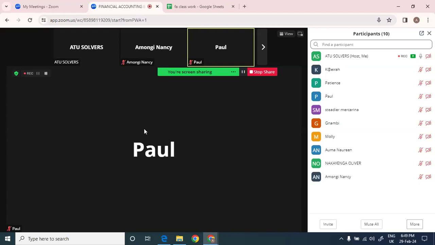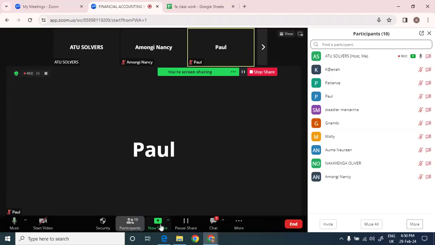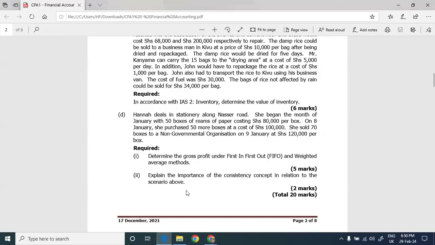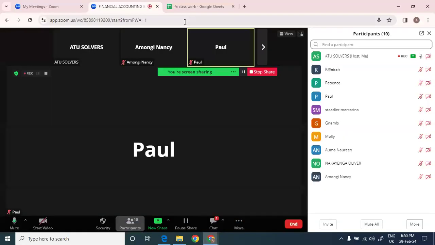So units will either be kilograms, boxes as we've seen, or pieces, depending on the way the question has been asked. So from there, let's go to our question. Still, we've already determined gross profit under first in, first out. We are now going to the average method. This is what we do.